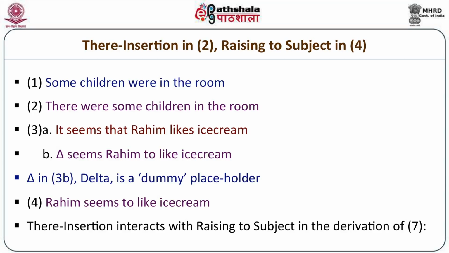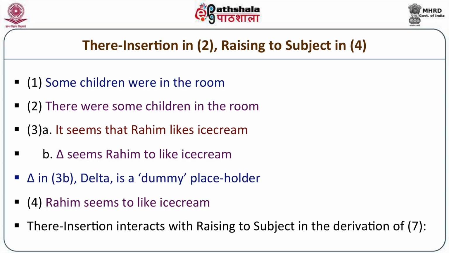Consider the sentence, "Rahim seems to like ice cream," and compare it with the sentence, "It seems that Rahim likes ice cream." The structure of the sentence is much clearer when you say "It seems that Rahim likes ice cream."